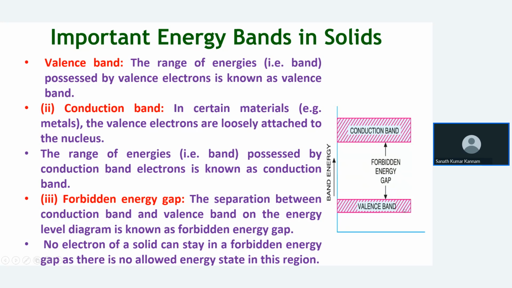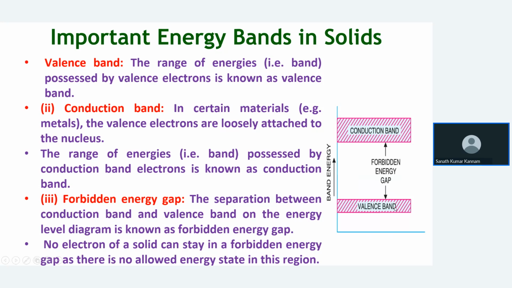And the conduction band is what? Suppose you take a copper atom, in the valence band only one electron is there. If you apply some external heat, or external potential difference or external voltage, or external light, it will become free and jump from the valence band to the conduction band, so that we can use that copper atom as a conductor.